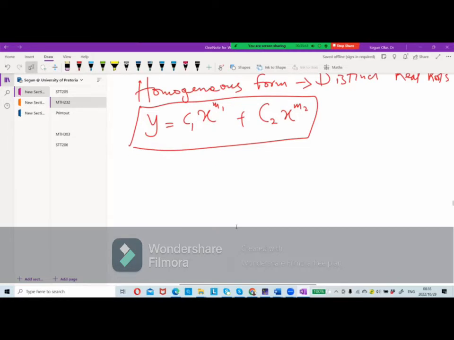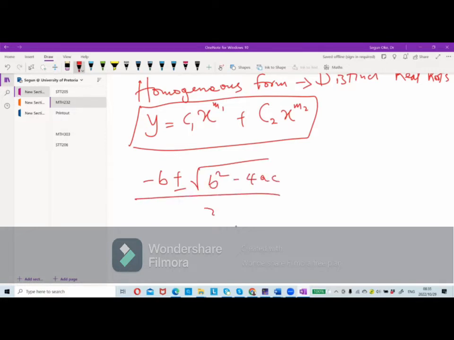You remember when you are doing the general formula of quadratic, where it's minus b plus or minus square root of b squared minus 4ac over 2a. Now, how do we do it? Anytime you have b squared minus 4ac greater than 0, what does it mean?